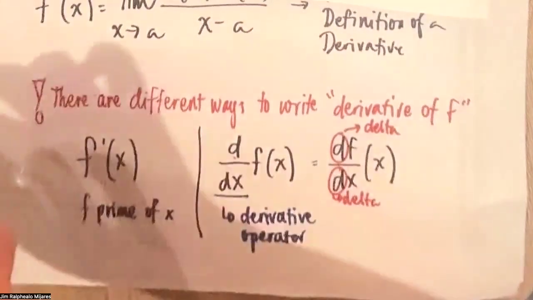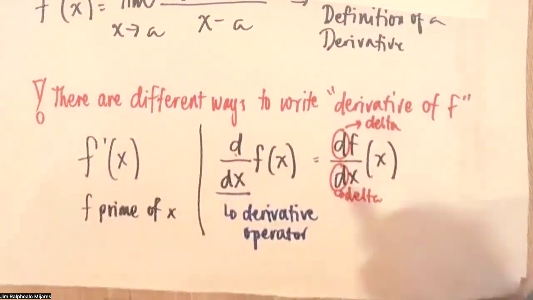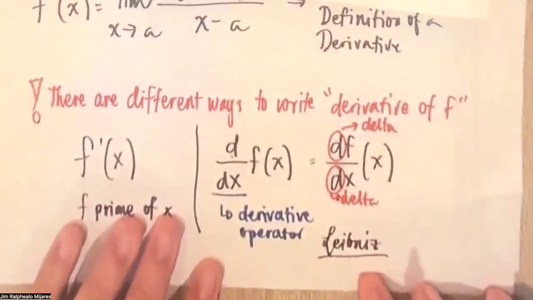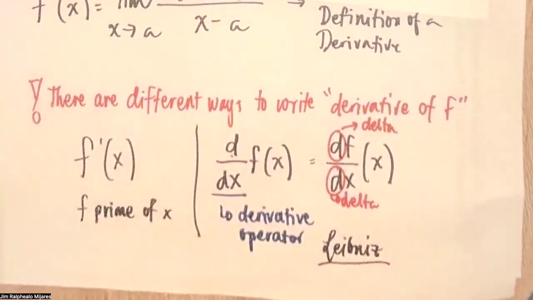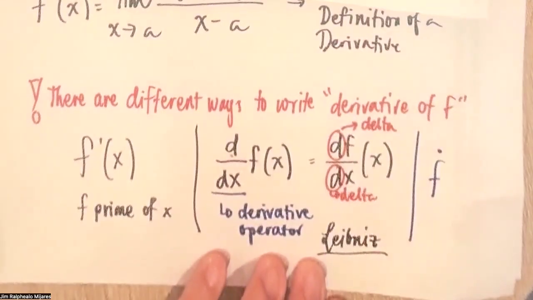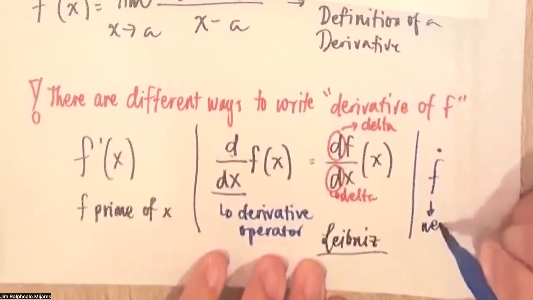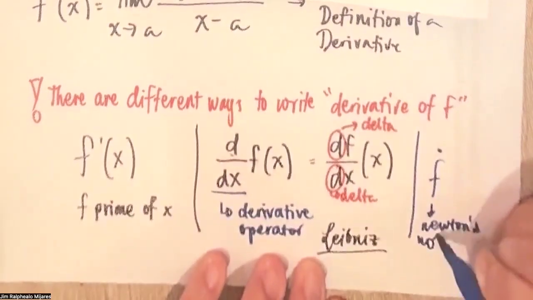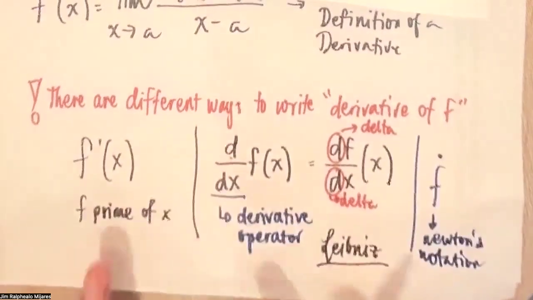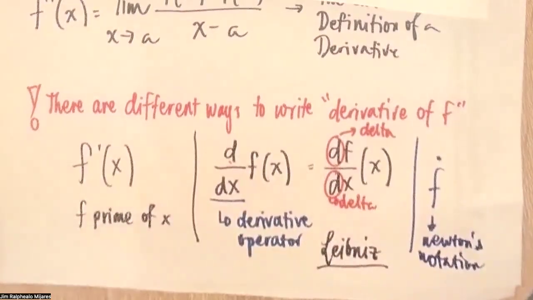These notations are from Leibniz, who was a German mathematician and philosopher in the 1700s, who, with Newton, independently formed the basis of calculus. Newton's notation for the derivative was this. It didn't really catch on, but it's kind of cool. But in any case, these two are the notations for derivative.